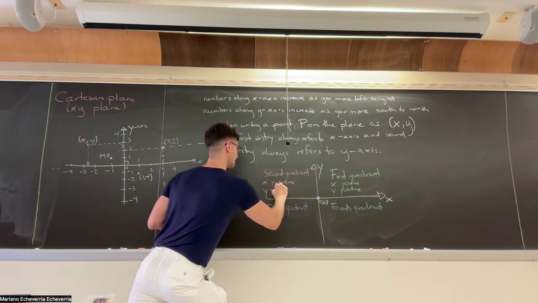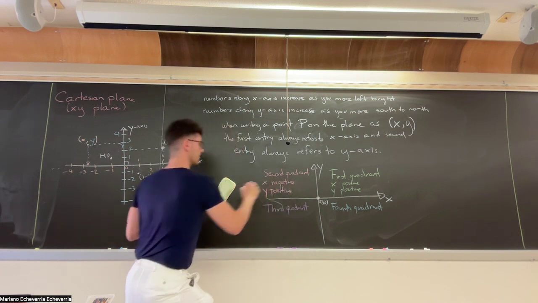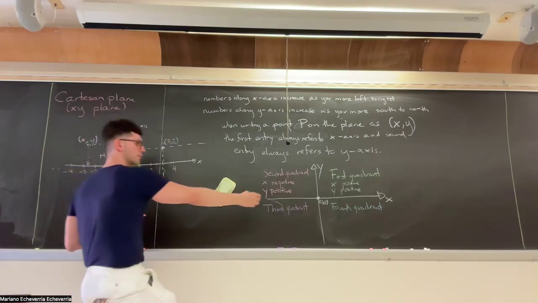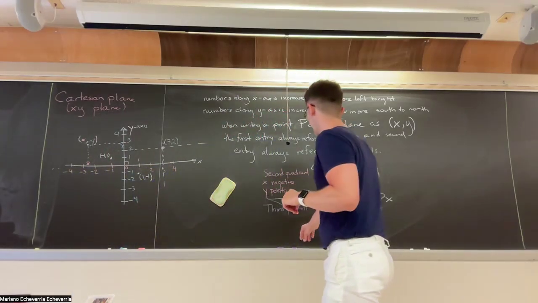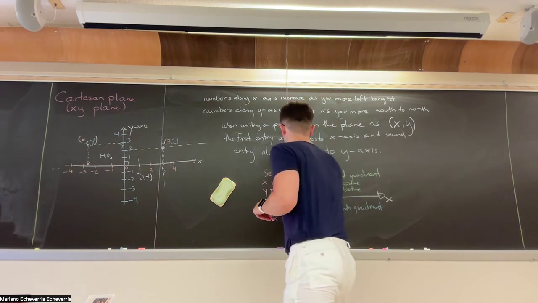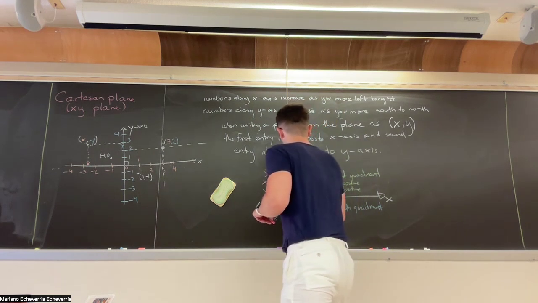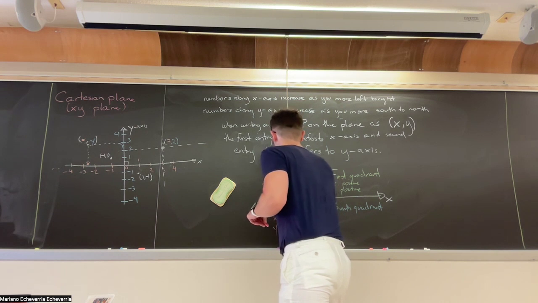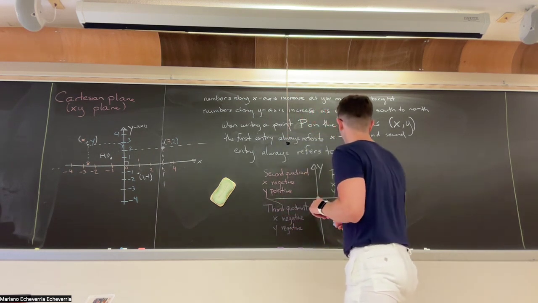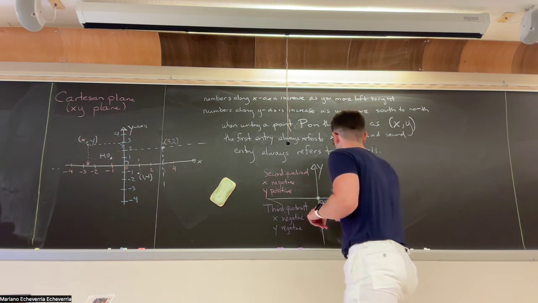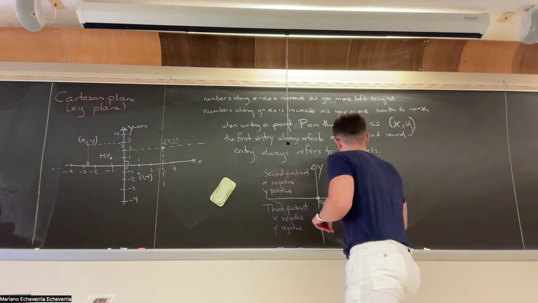When you do the third quadrant, you go west and then south, so the third quadrant is the one where both are negative: X is negative and Y is negative. And in the fourth quadrant, you move east and then south, so X is positive and Y is negative.